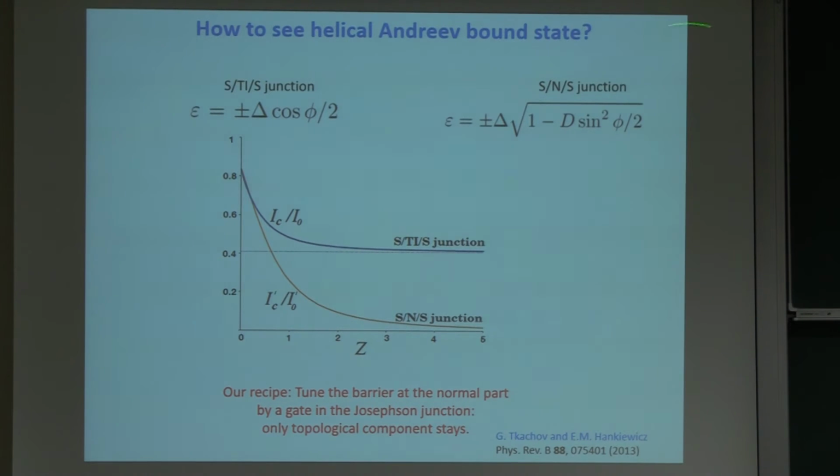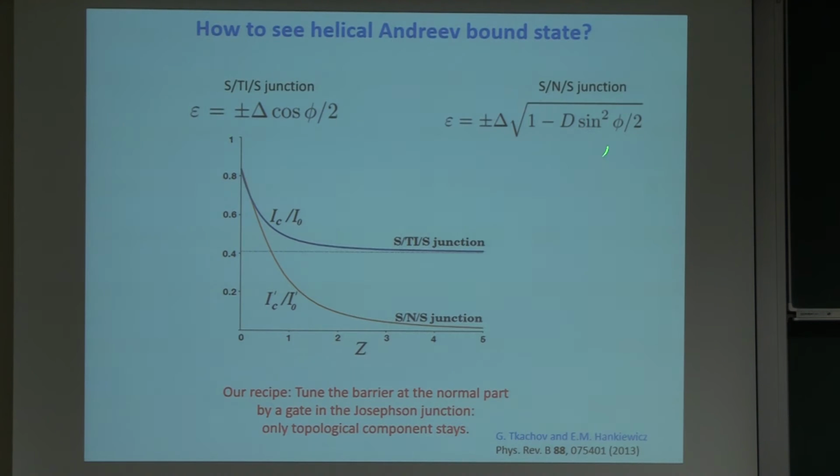So one obviously needs to be careful, because in the usual ballistic systems, which is the usual superconductor-normal-superconductor junction, one can also see some kind of ballistic Andreev bound states. So one needs to distinguish between these ballistic Andreev bound states and the topological Andreev bound states.